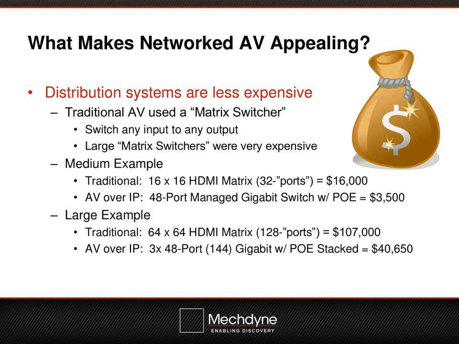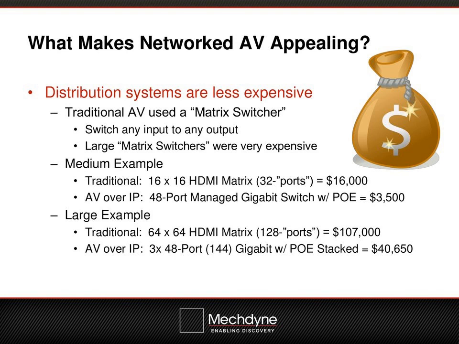As we look at a larger system, if you think of a 64 by 64 HDMI matrix, that's 128 ports, we'll say. That's about $107,000 list. Where if you wanted to do AV over IP, if you had three 48 port gigabit network switches, and these are really high-end, true stacking switches, they would list at about $40,650.